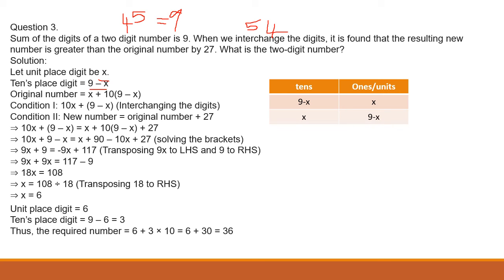So the tens place digit is 3. Thus the required number is 6 plus 3 into 10. 3 into 10 means it is in the tens place. So 6 plus 3 tens are 30, 30 plus 6, 36 is the required solution.